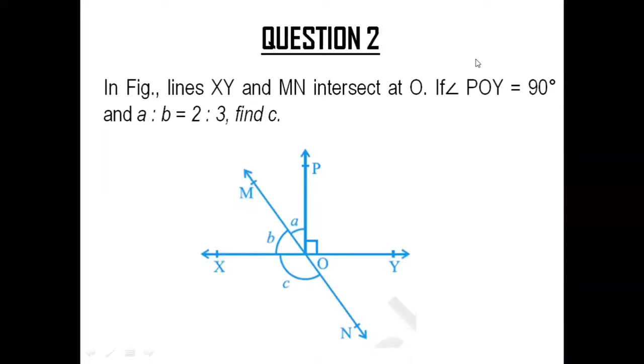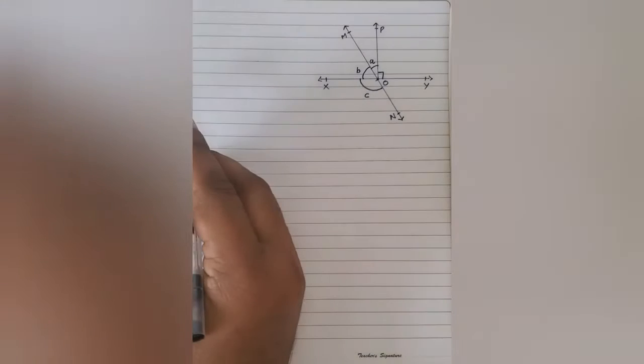Let us get into question number 2 of exercise 6.1, which says that in the figure, lines XY and MN intersect at O. If angle POY is equal to 90 degrees and a:b is equal to 2:3, find c.